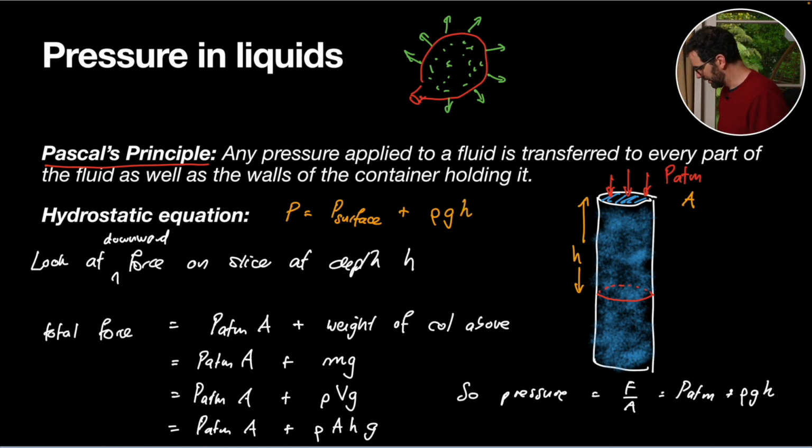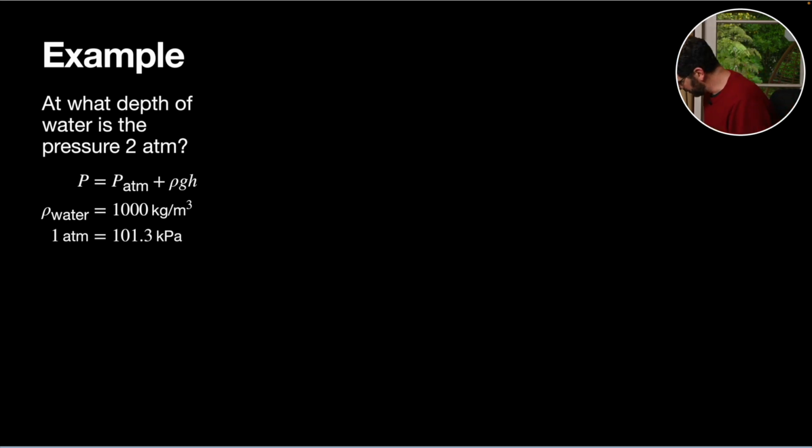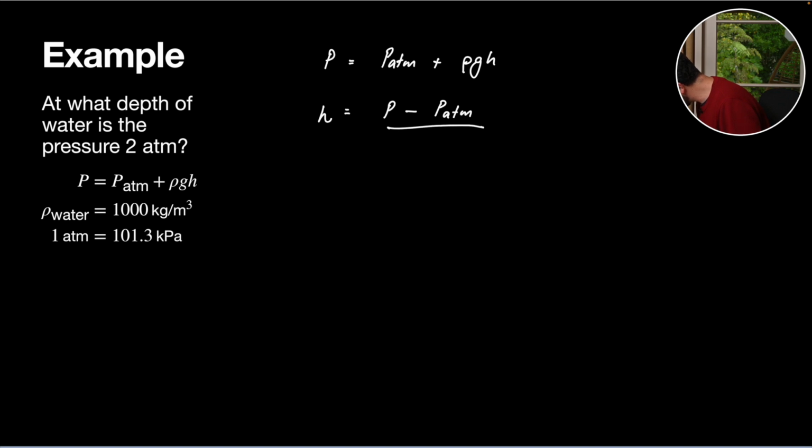That's an equation that we're going to make quite a bit of use of in the next little while. Okay, so let's do an example of using that. At what depth of water is the pressure 2 atmospheres? From our equation, the pressure at the depth we're interested in is equal to atmospheric pressure, which is 1 atmosphere, plus rho g h, which means that h will be the pressure minus atmospheric pressure divided by rho g.